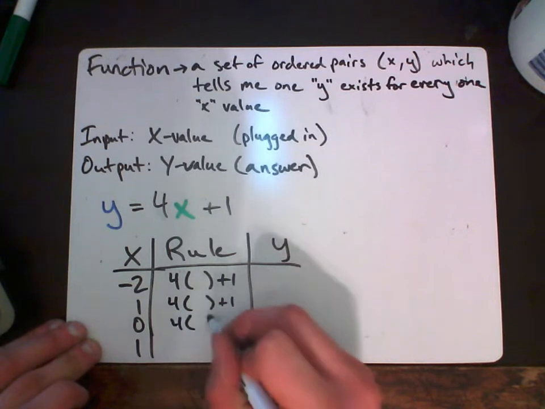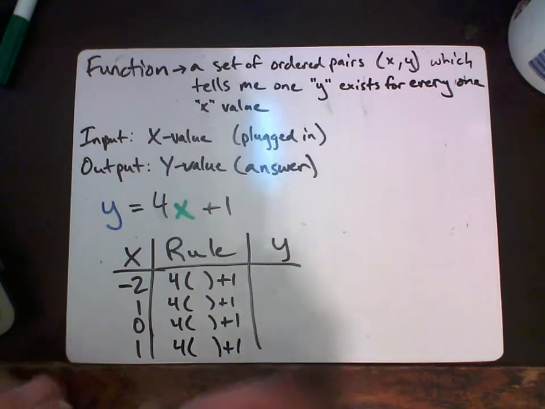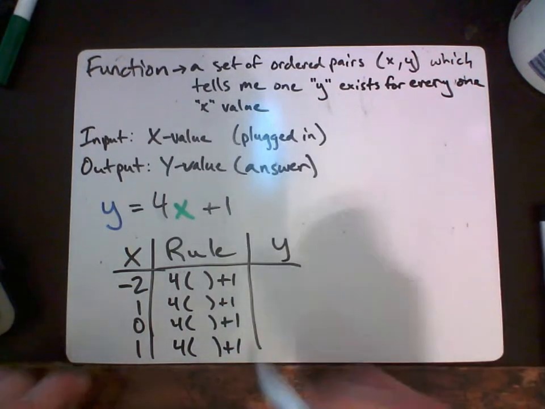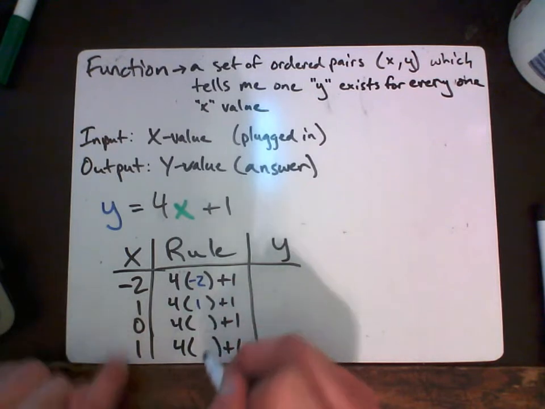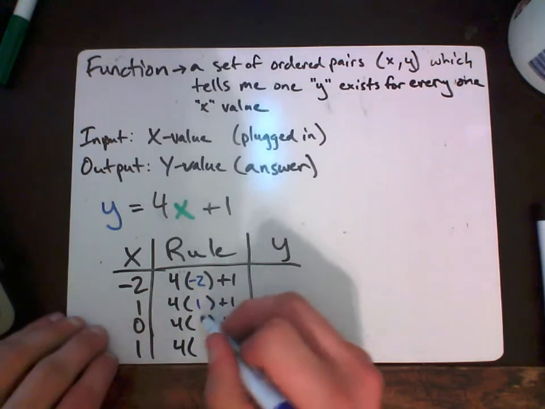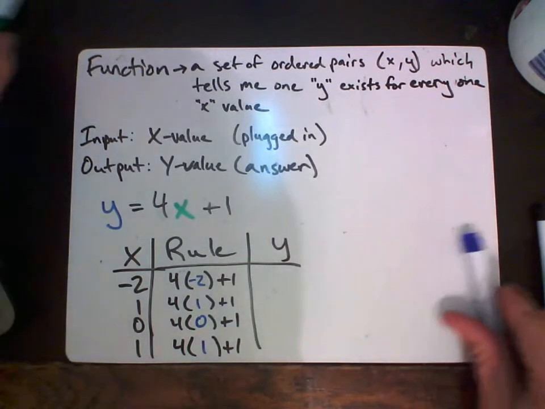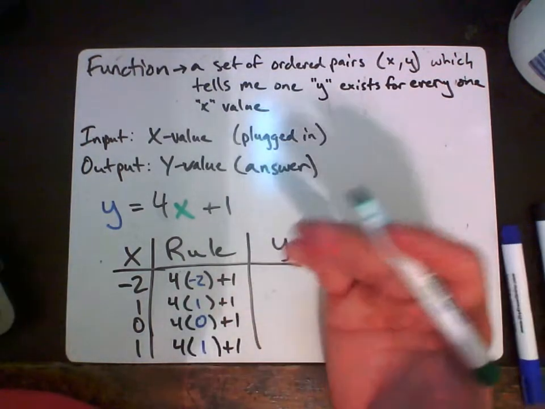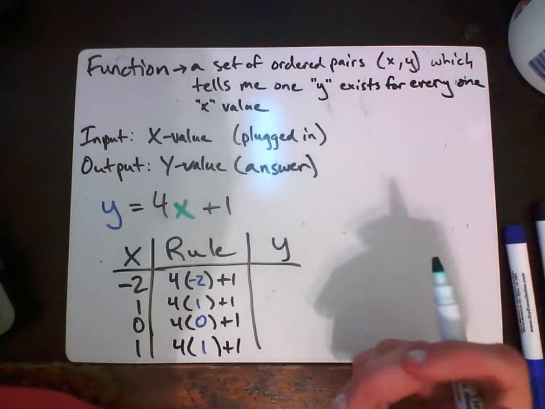Set it up because I don't like being tedious. So let's plug in this x value. -2, -1, 0, 1. Honestly, it's kind of like doing 4 different problems, if you want to think of it that way.